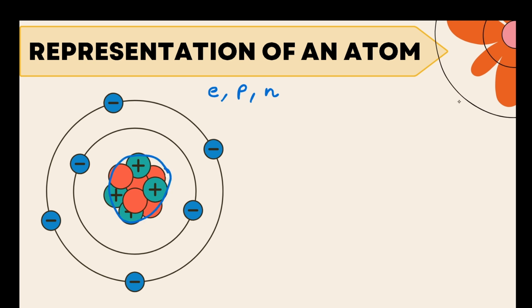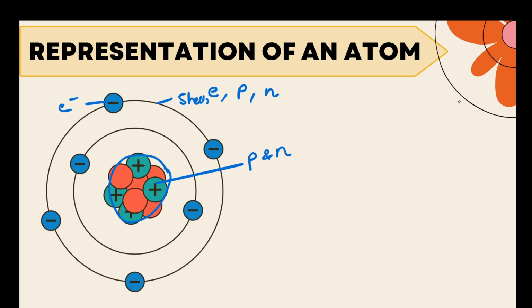And inside the nucleus the atomic mass is there, which comprises protons and neutrons, and encircling the nucleus we have the imaginary lines which are called the shells or the orbits, and in these shells or orbits we have the negatively charged electrons, which have negligible mass, revolving around.